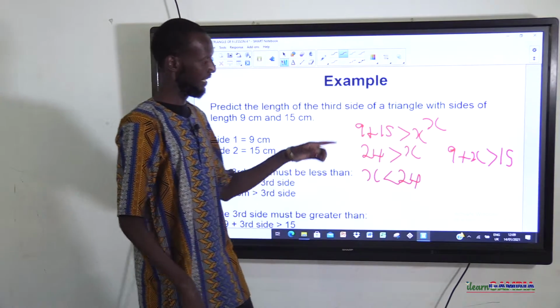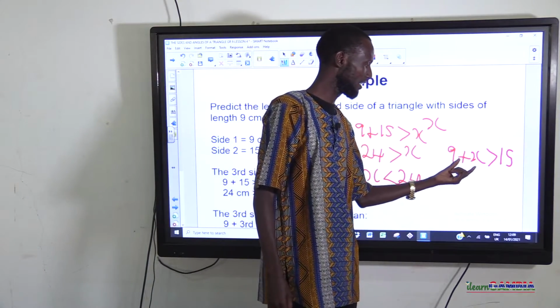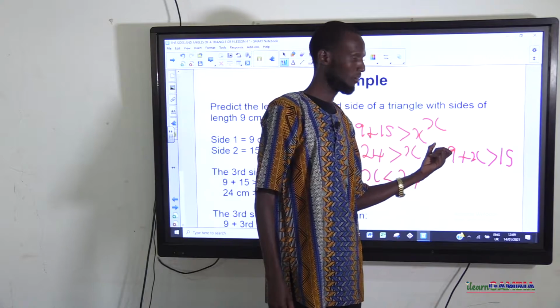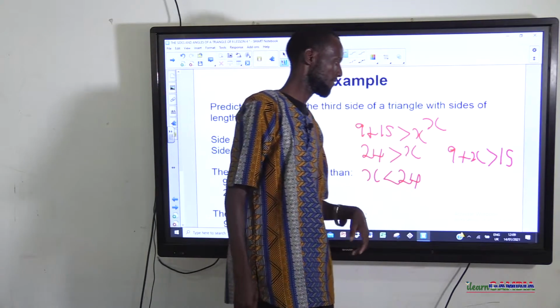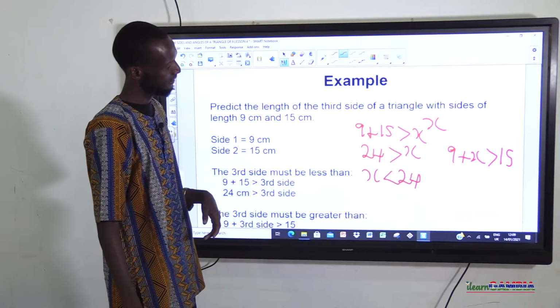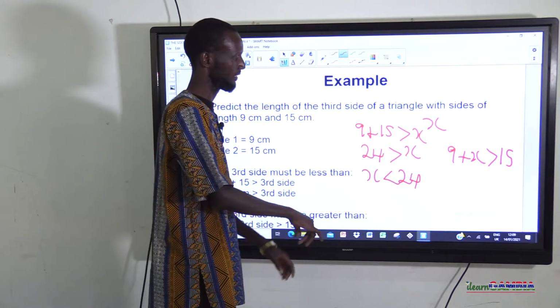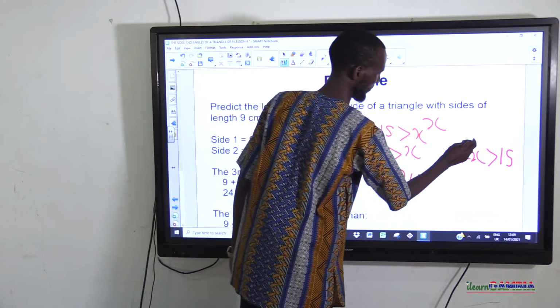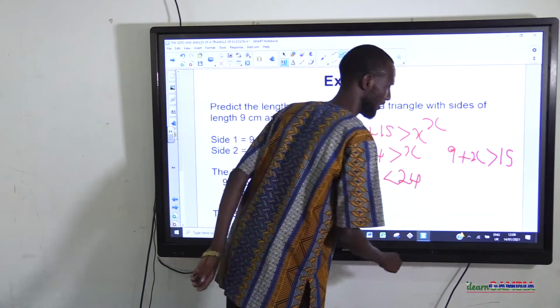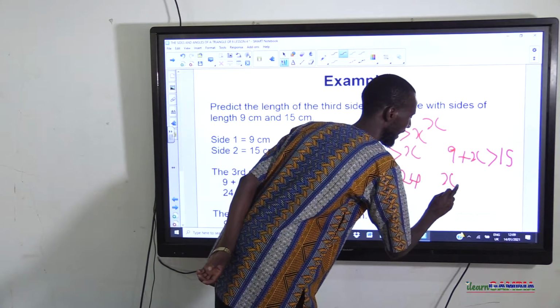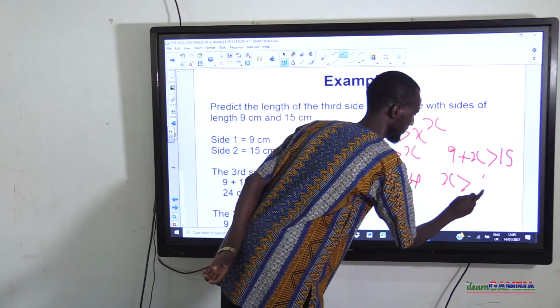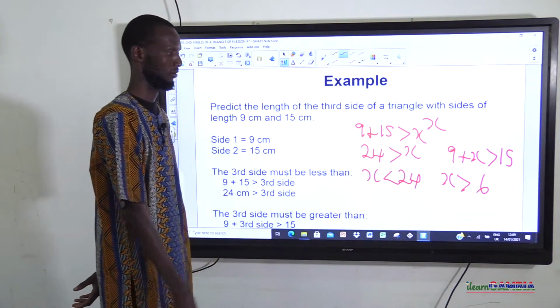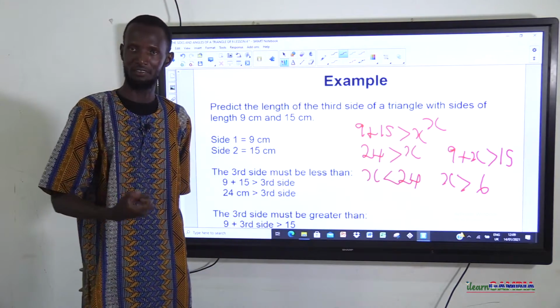I must put a value here that if I add it to 9, I will get a sum greater than 15. So based on that, x has to be greater than 6, because otherwise you don't get a number greater than 15.